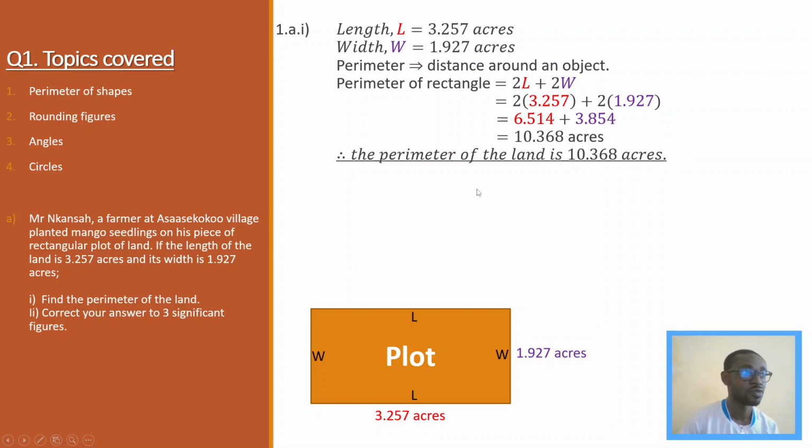All right. So let's go on to the next part of the question, which is part two. That is, correct your answer to 3 significant figures.